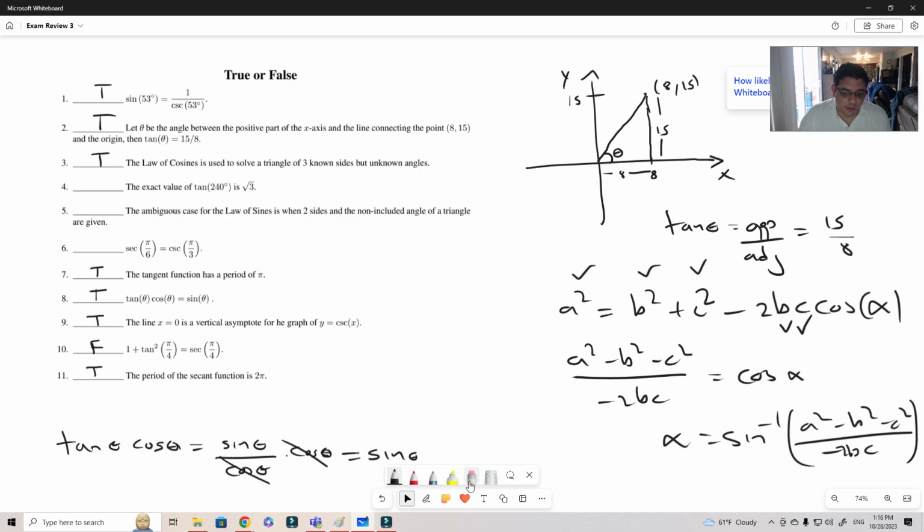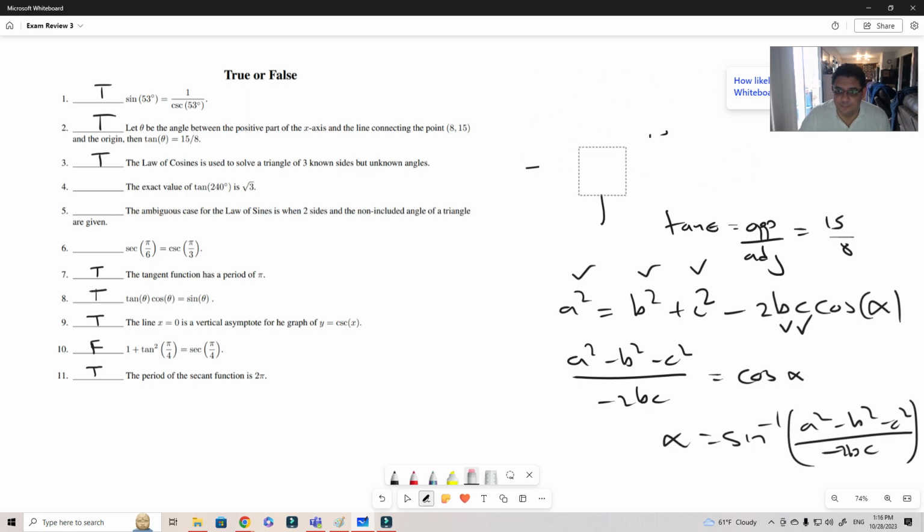All right, so let's go to question number 4, but I'm going to erase the board over here to give me some space. Now, this is asking if the exact value of tangent of 240 is square root of 3.